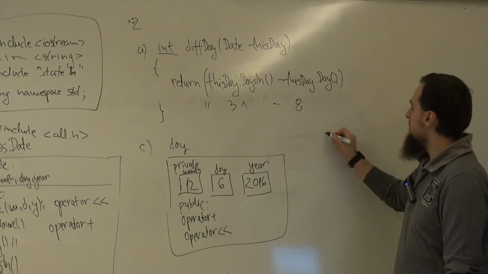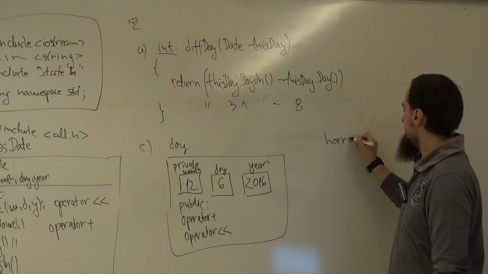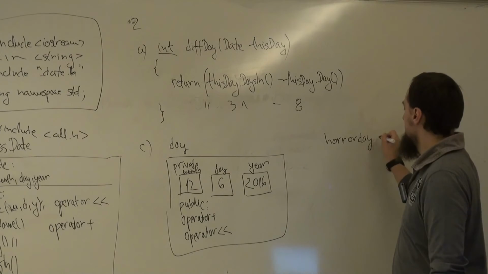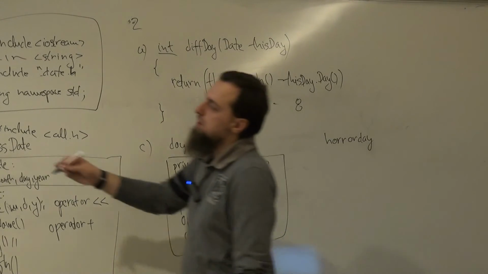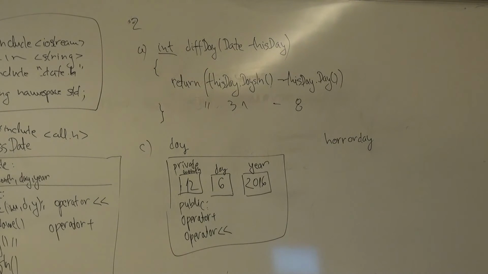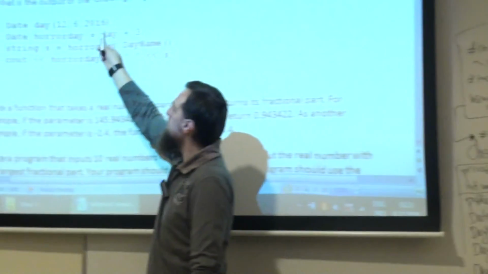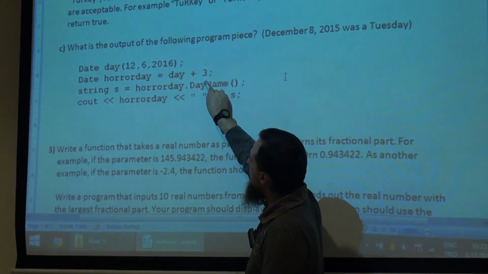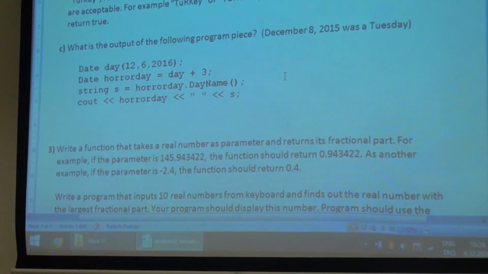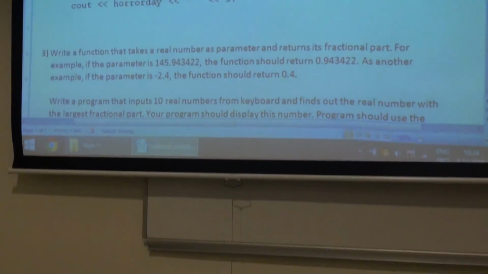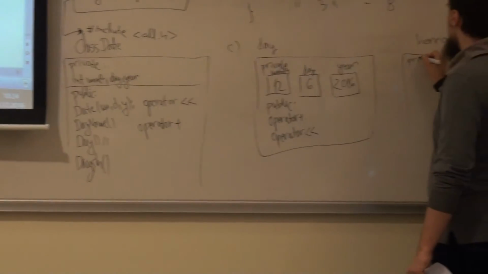We define another day called horror day. Just pay attention to this stuff here. It's equal to day plus 3, meaning we add 3 days to day, and that is assigned to horror day. If we add 3 days to this date here, then this guy also has private data.